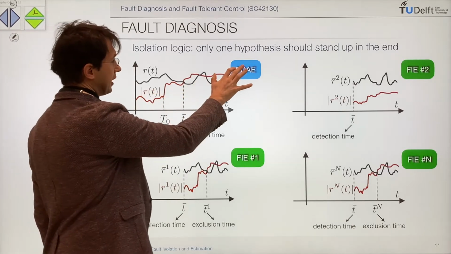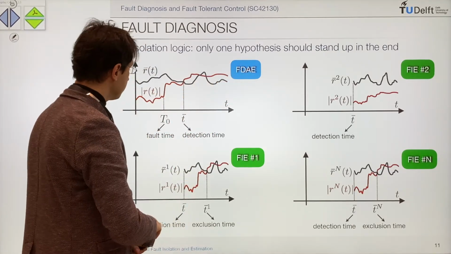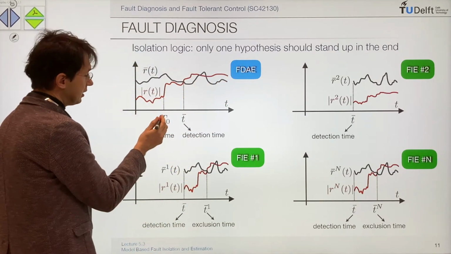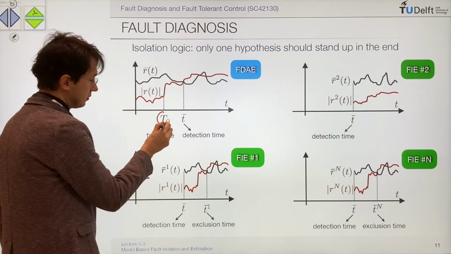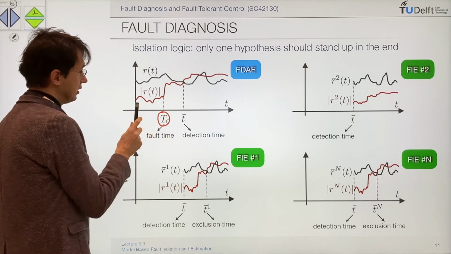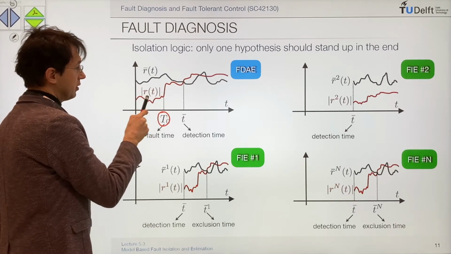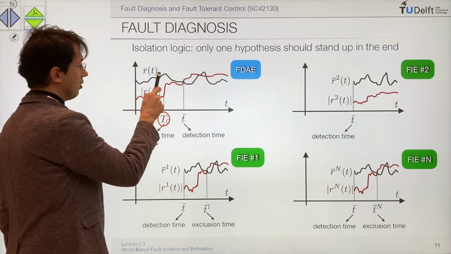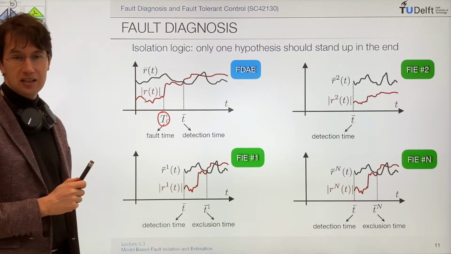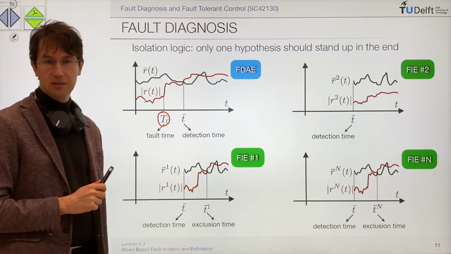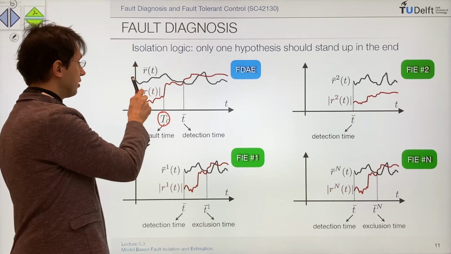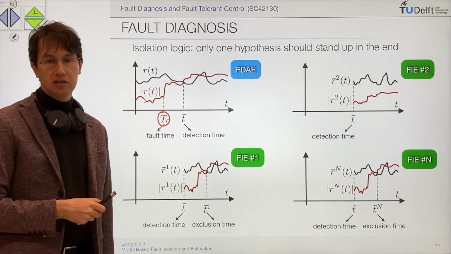Let us start with the detection observer. So at some time t0 we have a fault. Before that, the absolute value of the residual component was below the threshold. And this is by design. So we are sure about that if we have a deterministic threshold.